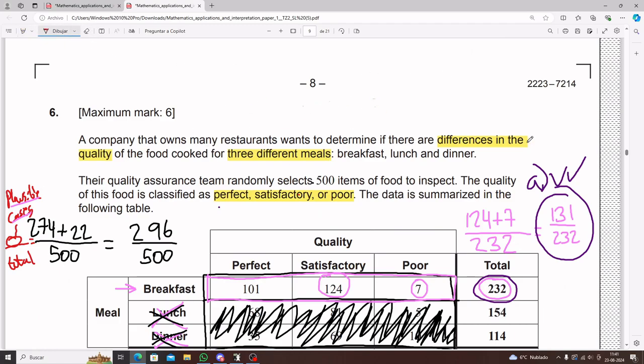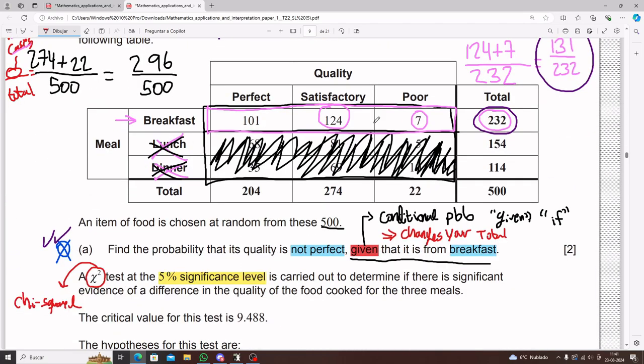Are there differences in the quality of the food? Is the breakfast always perfect and is dinner always poor? We have to balance that out. That's what the company wants to figure out. See, if basically there's a big difference between the type of meal and the quality that it gets.